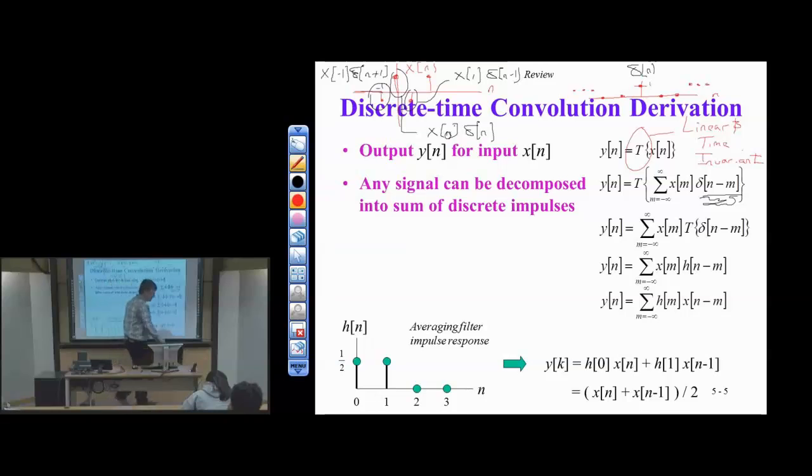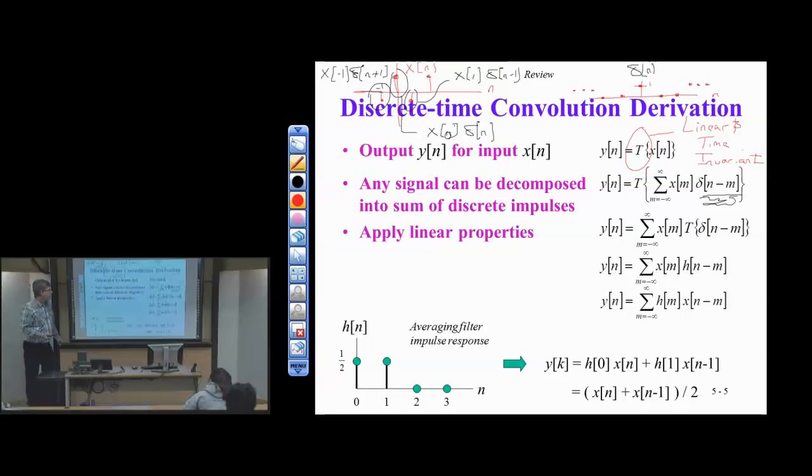So once I've decomposed x of n into a bunch of simpler components, I now can take advantage of system properties to finally get to the convolution result. So we're going to apply linearity, which involves both additivity and homogeneity. So the first observation is that this system is being applied to a summation.